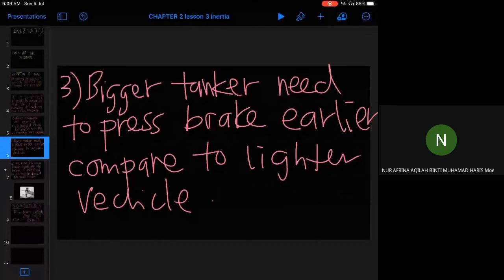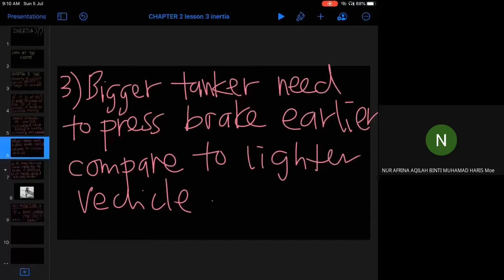So dia perlukan longer distance to press the brake. Because dia kena kawal dia punya inertia. So inertia dia besar. When it is greater mass, object will have greater inertia. You faham tak? Greater inertia.